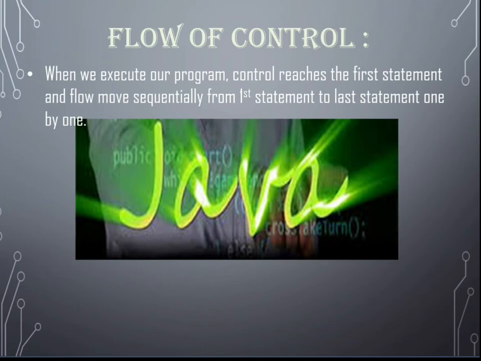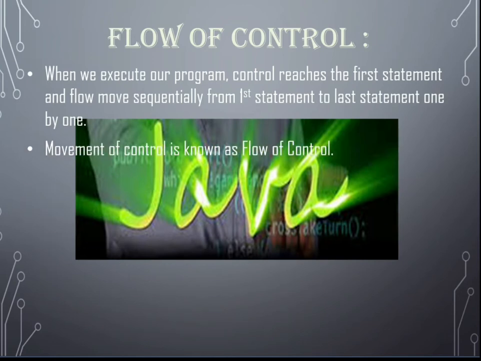Chapter heading, chapter name, then paragraph 1, first statement, then moving further with the second, then third, then fourth, till the chapter ends. The same way the computer is going to do that. It is going to execute the first statement, then second, then third, then fourth in sequence. The computer is going to run statements. That is flow of control in a sequential order.